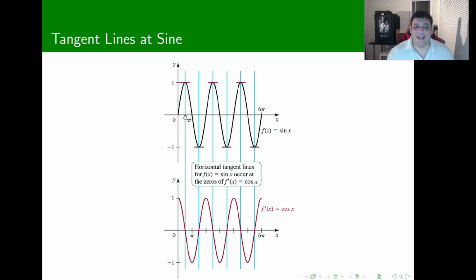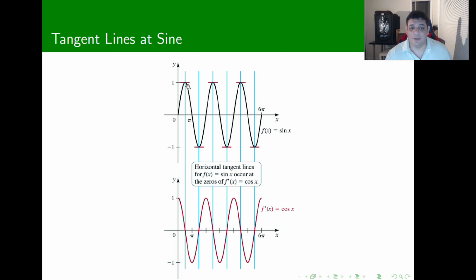This number is pi half. This is 3 pi half. And then this is 5 pi half and so on. So in every single odd multiple of pi half, we have that the slope of the tangent line is 0. So that's going to give me the zeros of this function. So with that, I'm saying, okay, it has the same zeros.